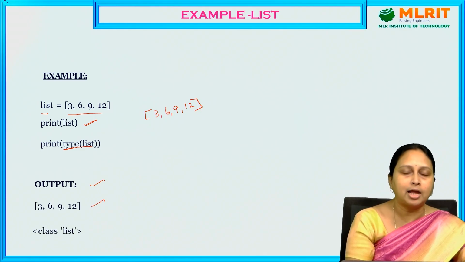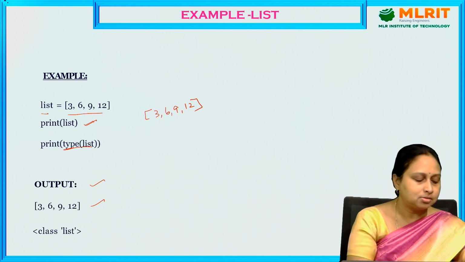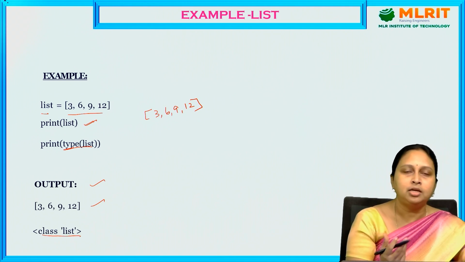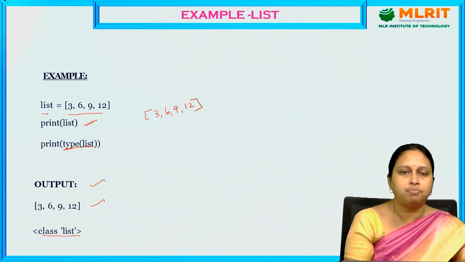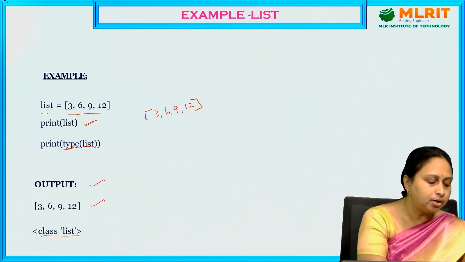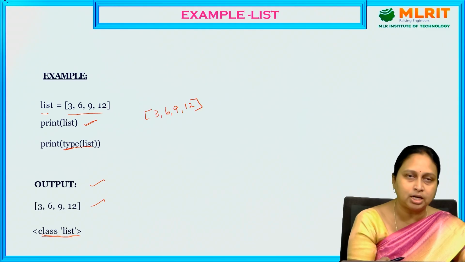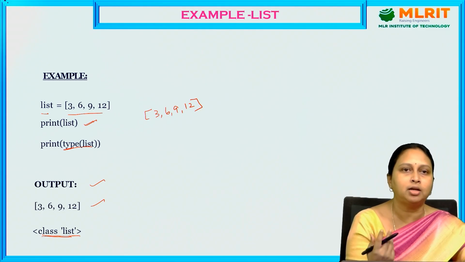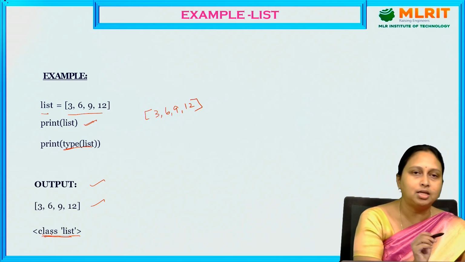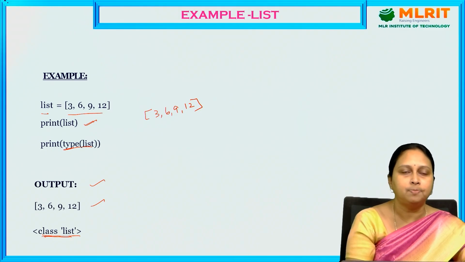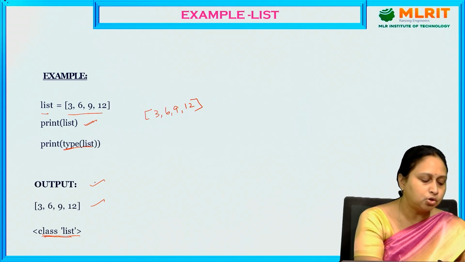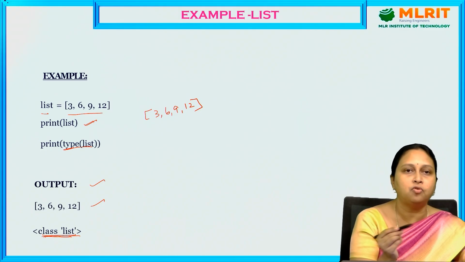And the type of the list is class list. In Python, everything is represented in terms of classes, so whether it is of integer type, float, boolean or anything else, it is represented with a class of that particular data type. Here it is a list, so we get class list.